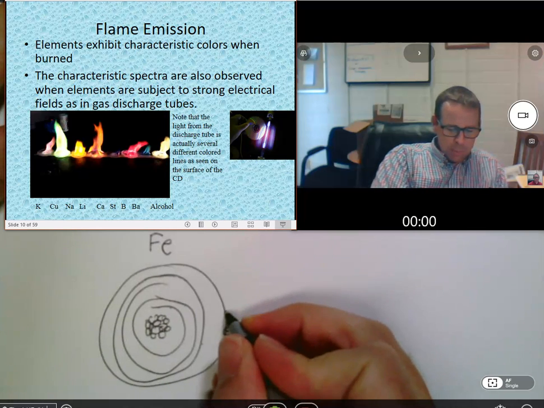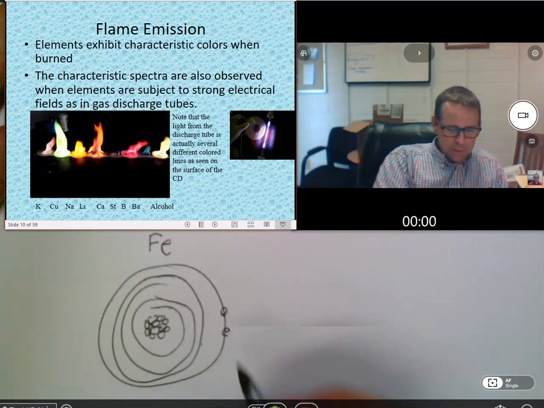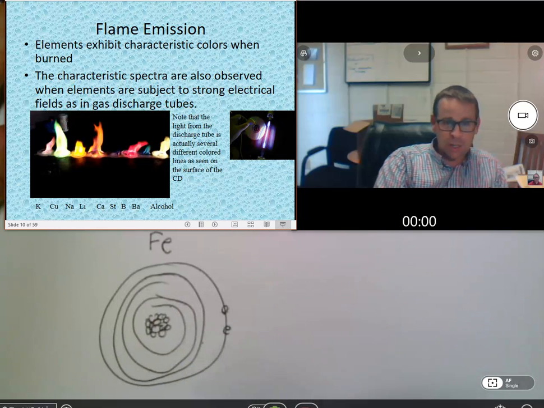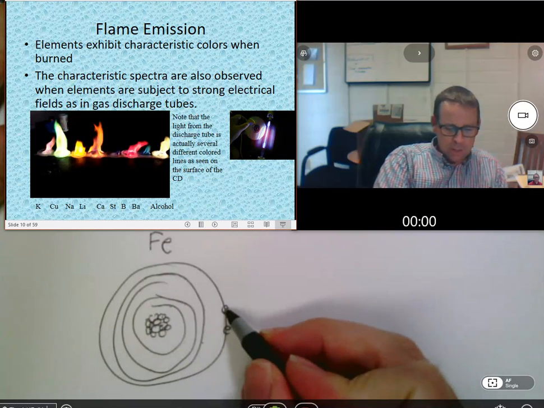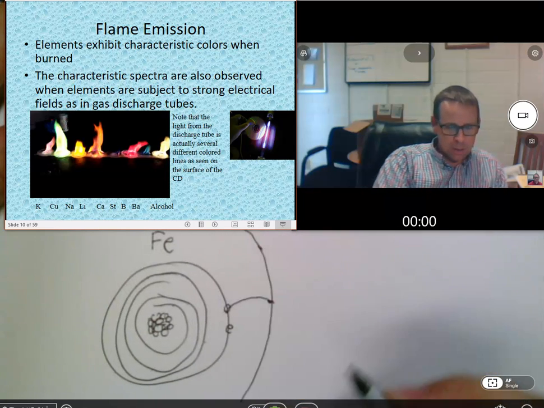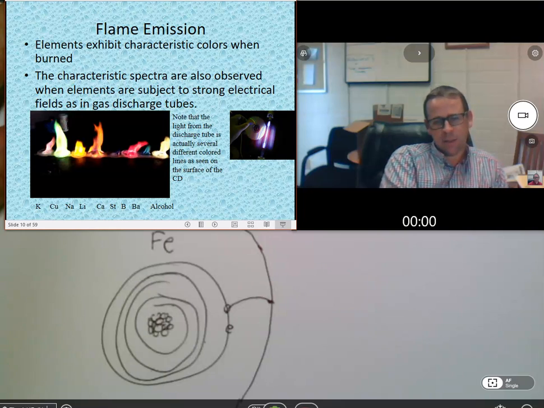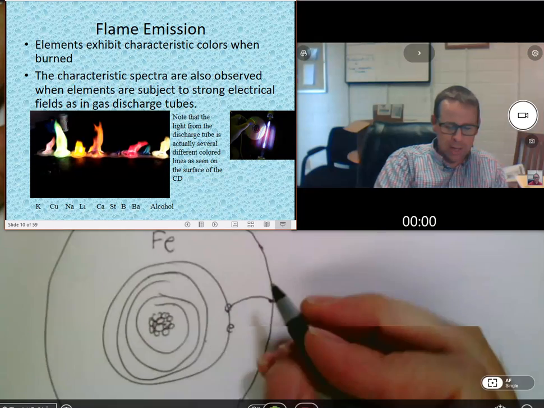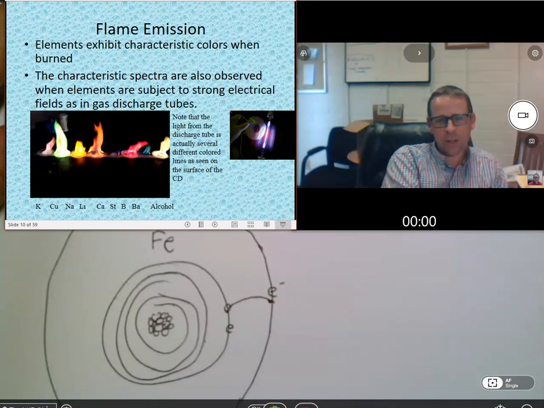So if this is what we call the outer electrons in this specific atom of iron, for example, when electromagnetic energy that can excite these electrons hits these electrons, they will be excited to a higher excited state, we call it, an excited state. And that new orbital, right, that new orbital has a different energy. Those electrons will go out there.